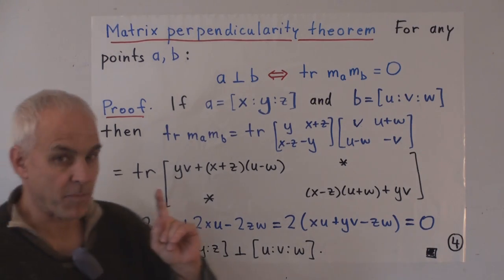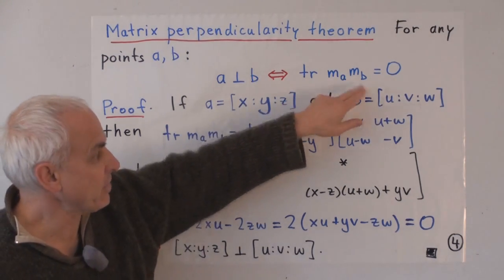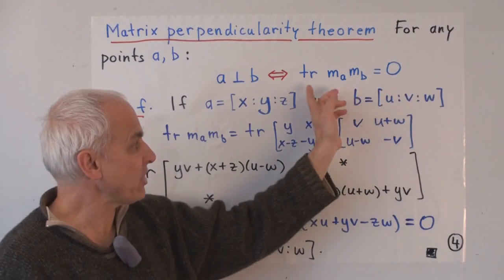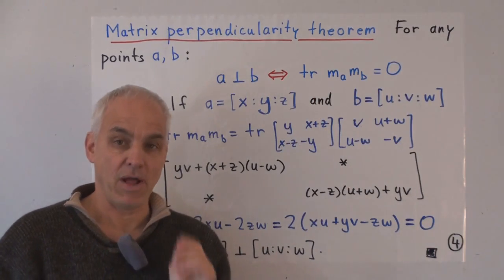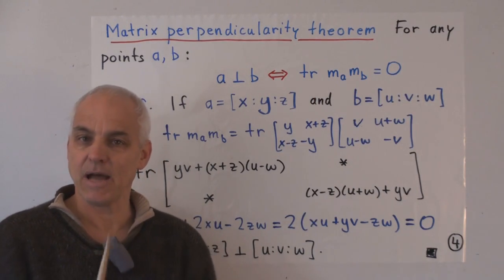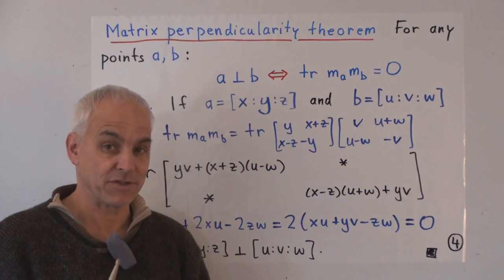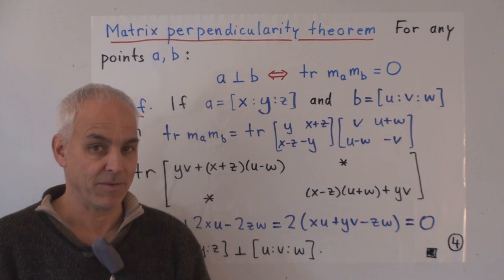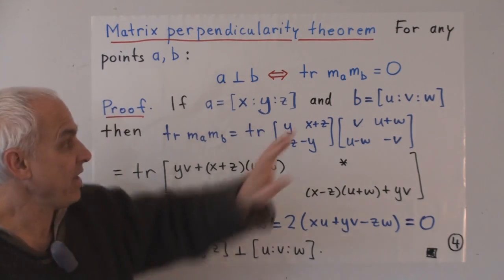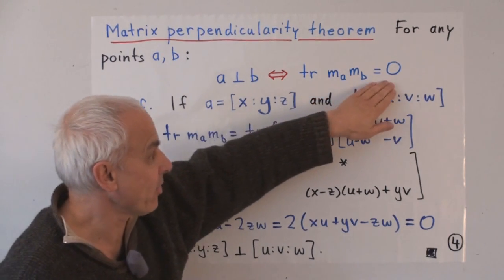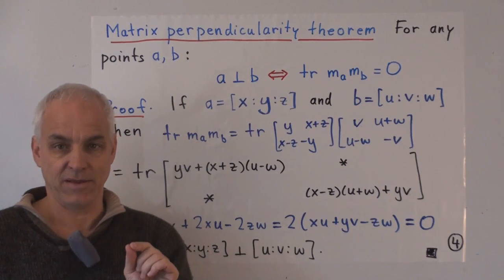So an important remark here: because these are projective matrices, the actual trace of the product is not really well defined. It's only defined up to a scalar, because the matrices themselves are projective quantities only defined up to a scalar. But the idea that the trace is 0, that is independent of scaling.